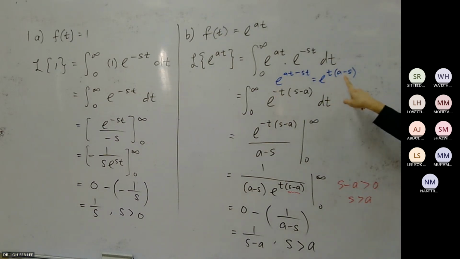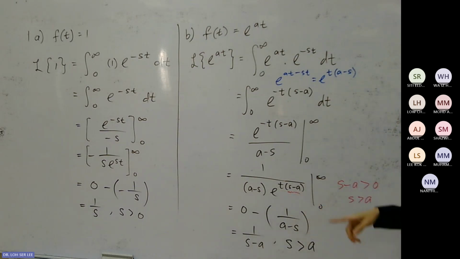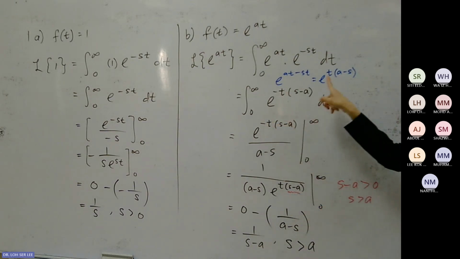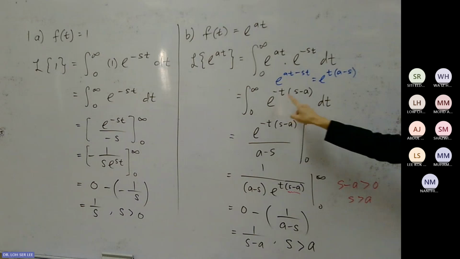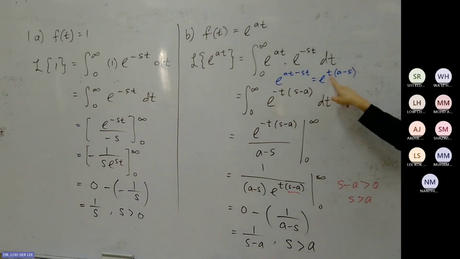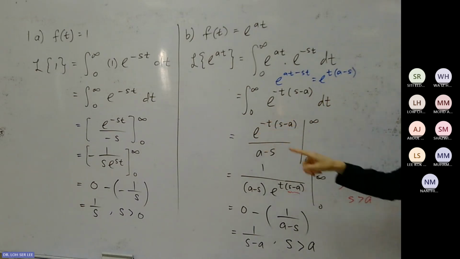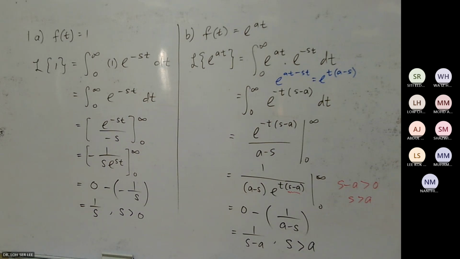We want the negative because we want e to stay underneath. Without the negative, if you leave this in this form, your e will be here. Any questions?